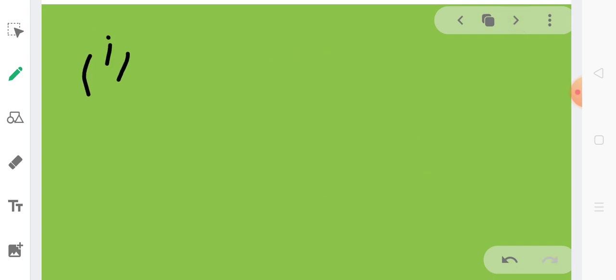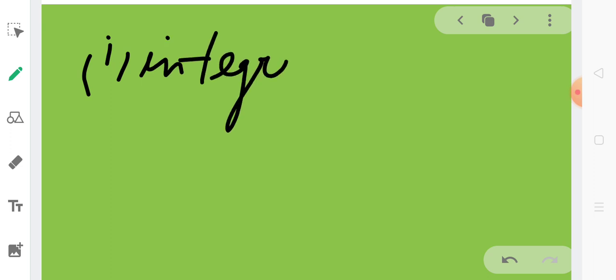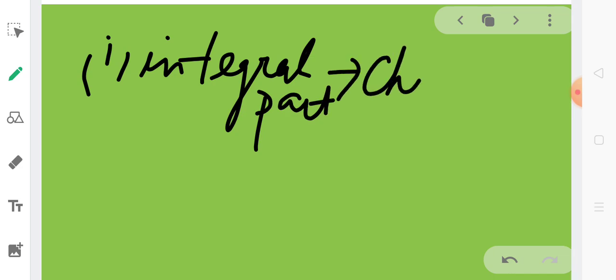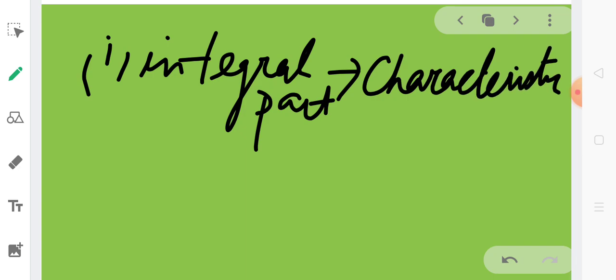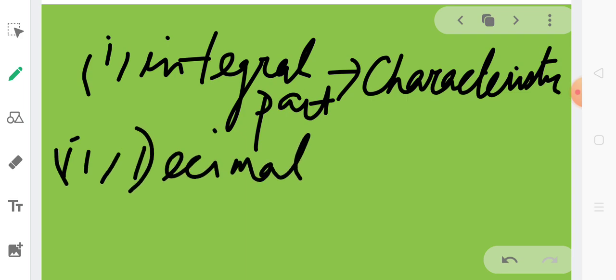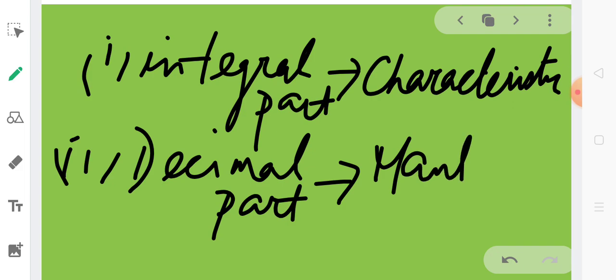The first one is the integral part, and that is called the characteristic, and the second part is the decimal part called the mantissa. So logarithm of any given number consists of two parts. The first is the integral part called the characteristic, and the second is the decimal part called the mantissa.